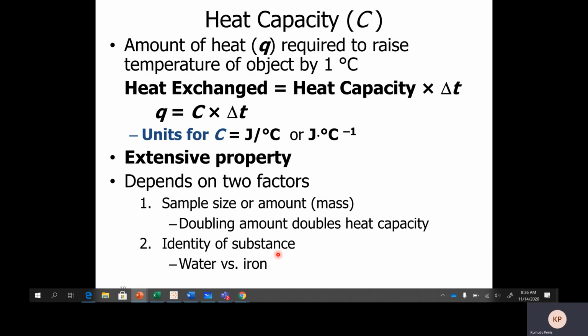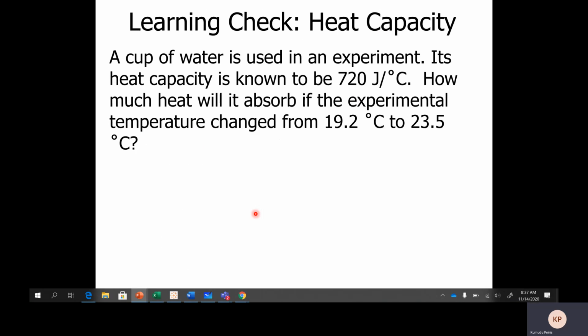As an example, if I just look at water and iron, I'll get two different values for the heat capacity. So the heat capacity depends on the sample size or the amount of the object and the identity of the substance.